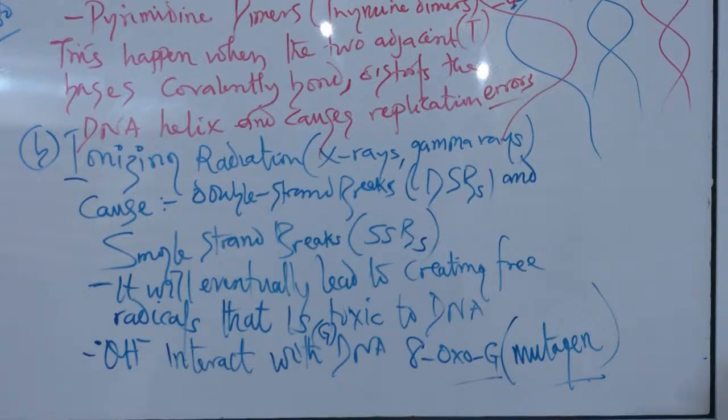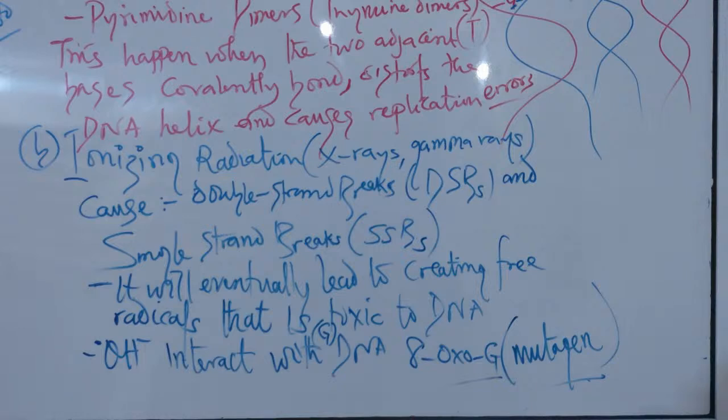And I told you that in toxicology, even in advanced toxicology, we know the implication of having any error that is due to producing free radicals to DNA. So all these free radicals are toxic to our DNA.